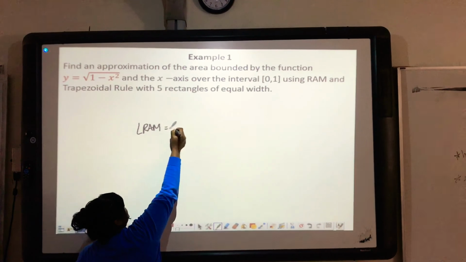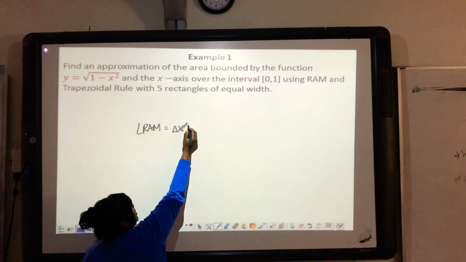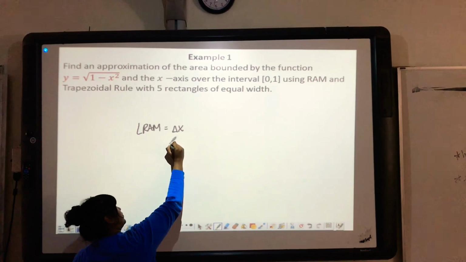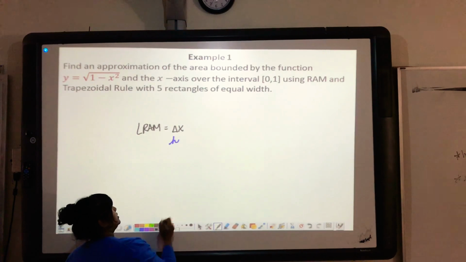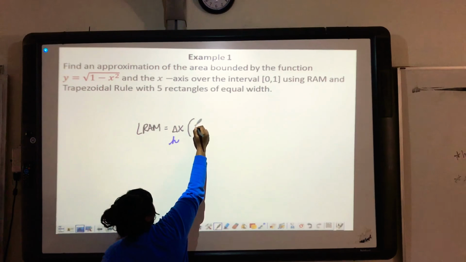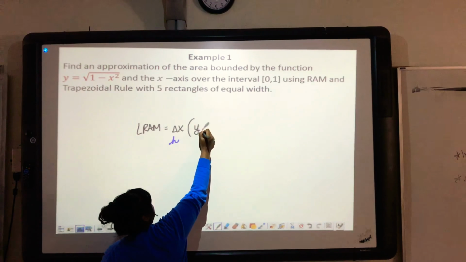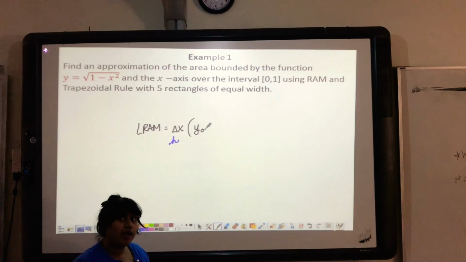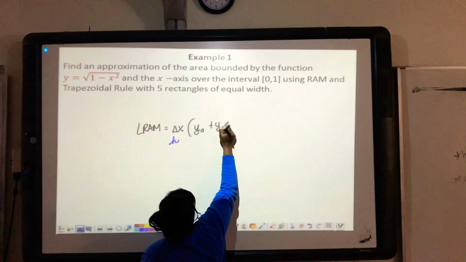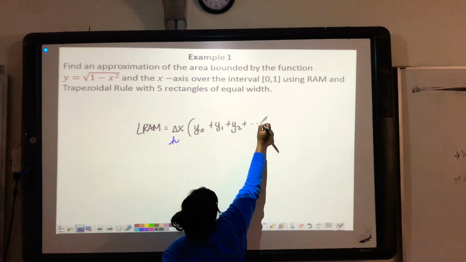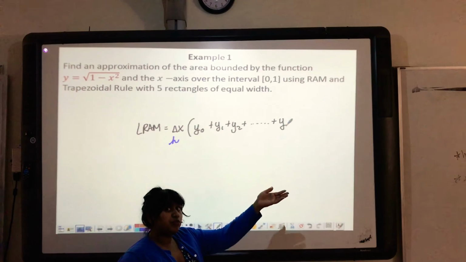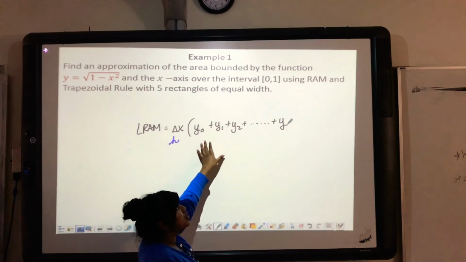Our LRAM is equal to delta x, which is actually our width, times every y value: y naught, which means the initial y value, plus y1 plus y2, and then we just truck it all the way along until we get to, and normally we would write y to the n, the last value, but we actually don't want the last value.